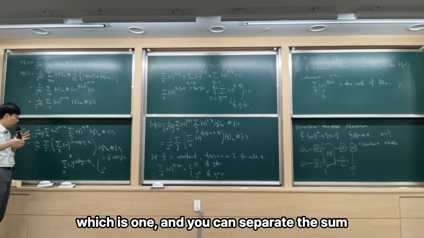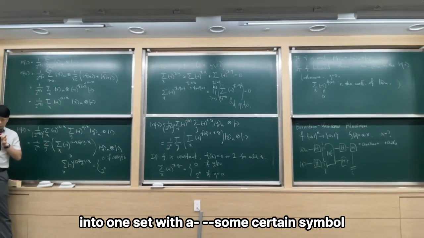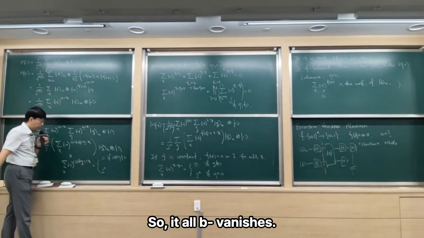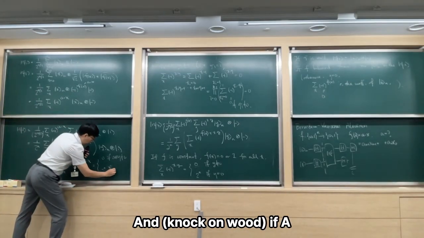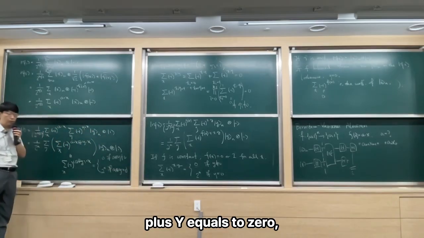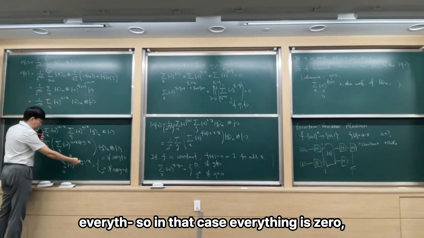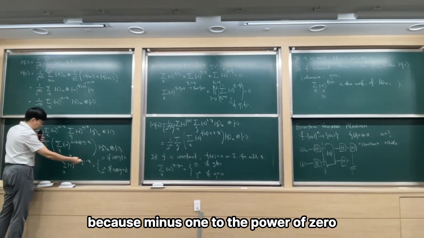And you can separate the sum into one set with a certain sign and the other set with exactly the same value with the different sign. So it all vanishes. And if a plus y equals 0, that's the only case where everything is 0 in the exponent, so you're adding 1 because minus 1 to the power of 0 is 1.